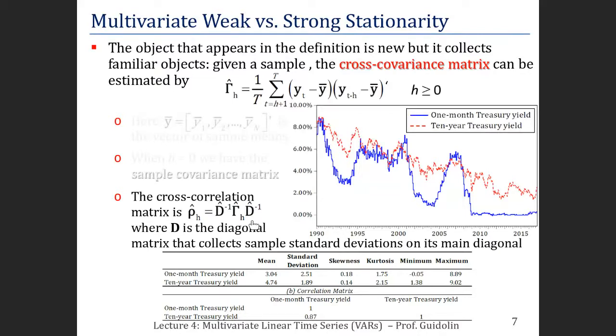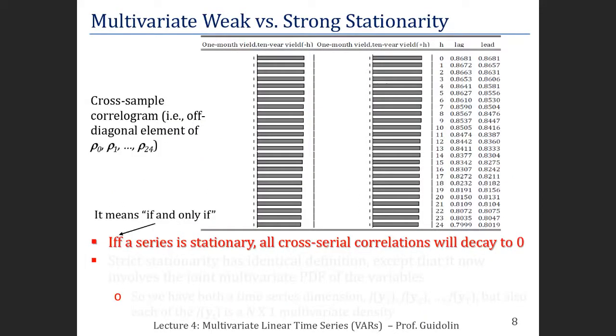But in the case of two time series, so when you're looking at a vector process, this is not the end of the story, because there is additional information that you see.